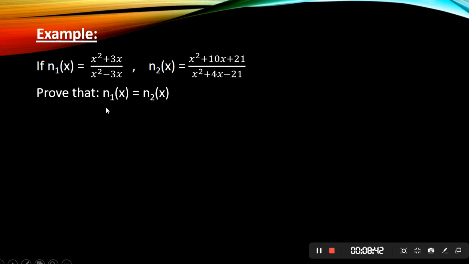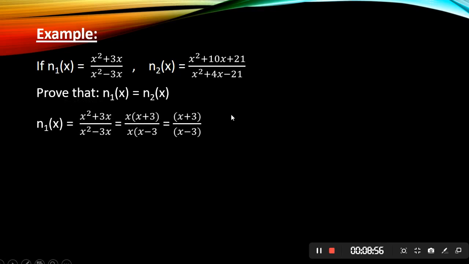Prove that n1(x) = n2(x). n1(x) and n2(x) means after simplifying each of them, we'll get the same answer. So we directly find n1(x) without finding the domain. We didn't need the domain here, but we can find it, no problem.